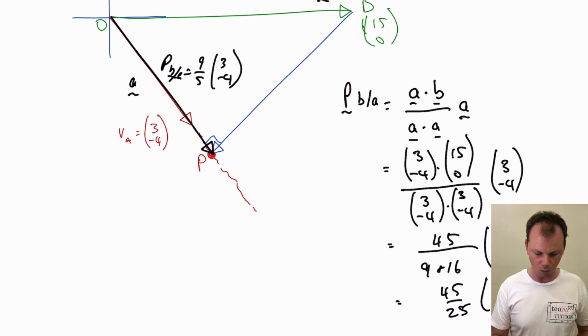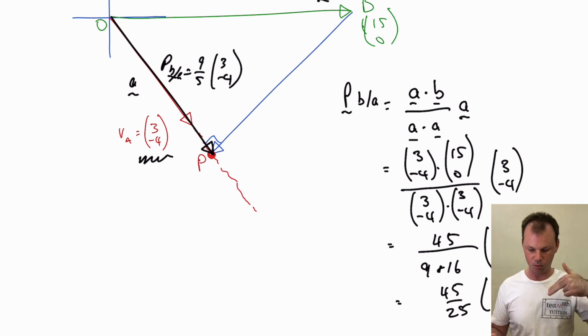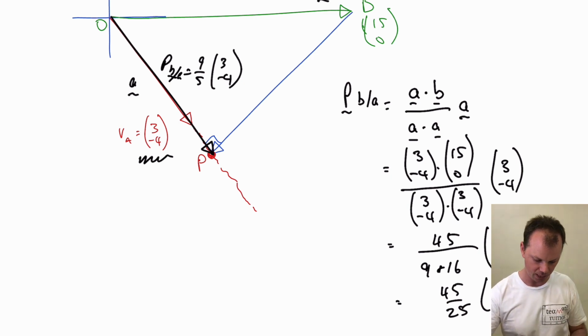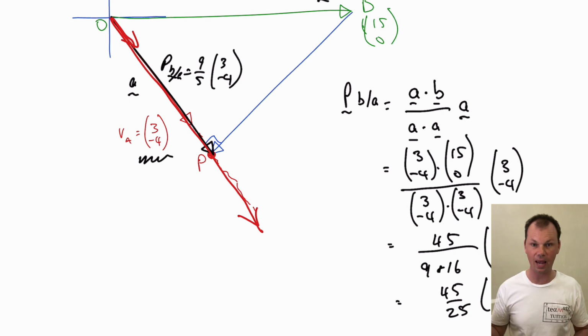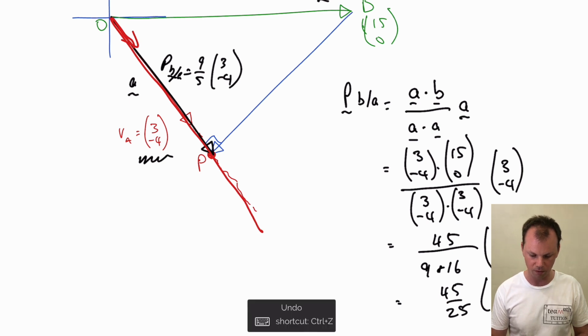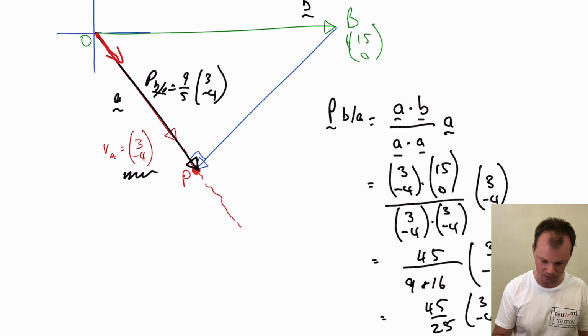Now, the reason why we could use this VA here is because that's the direction that it's pointing in. It doesn't matter how long this red vector is. It could be this short, it could be super long. It just matters the direction that it's pointing in when we're calculating this, because we need this to be at right angles.